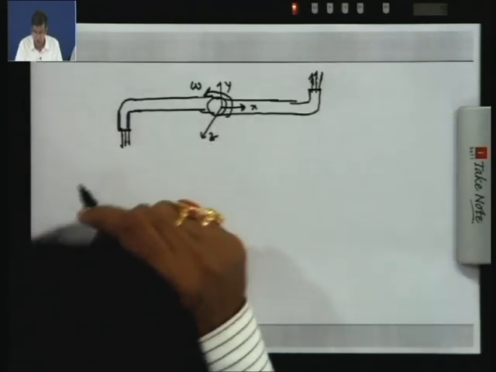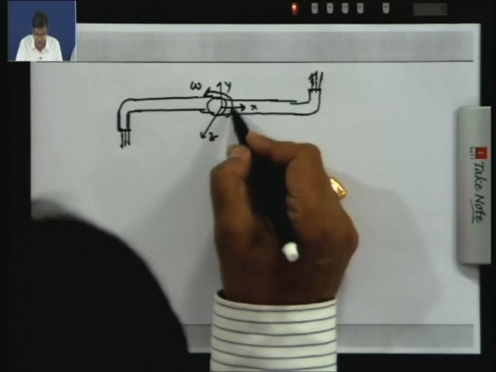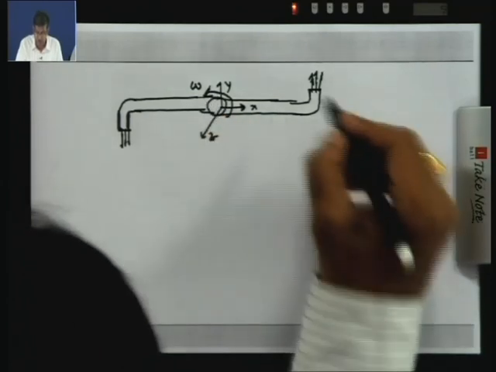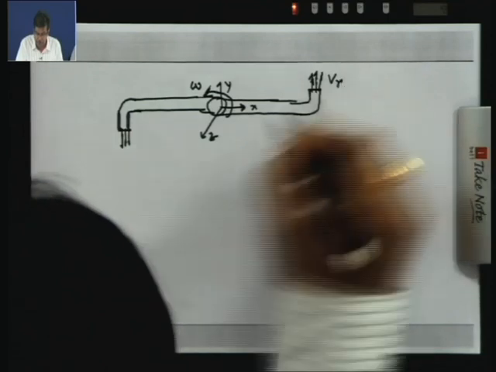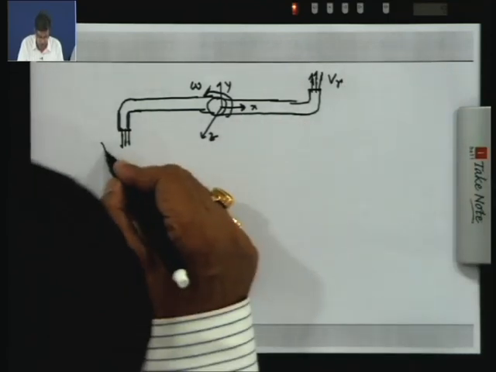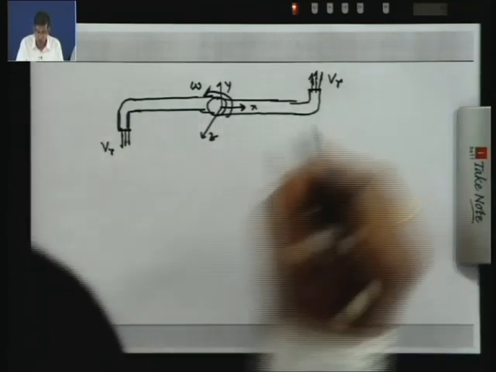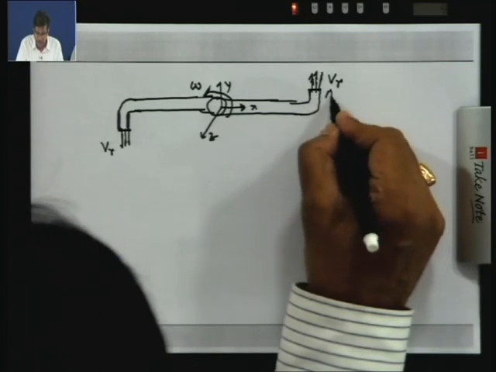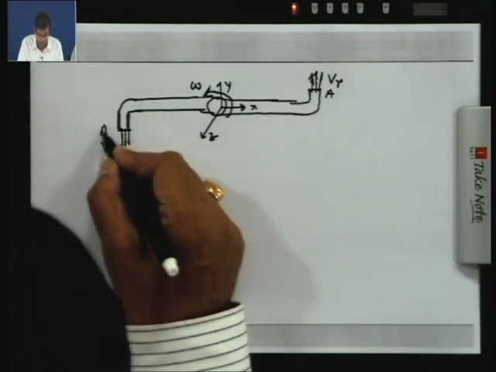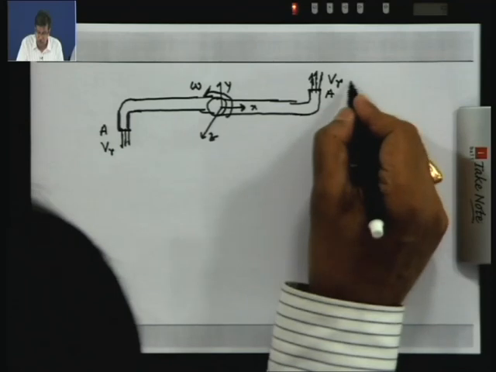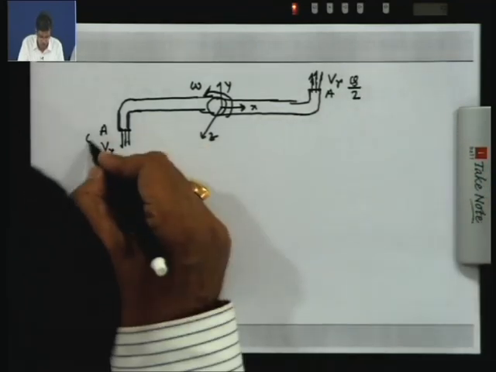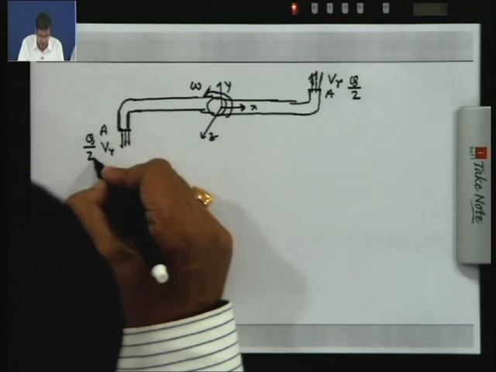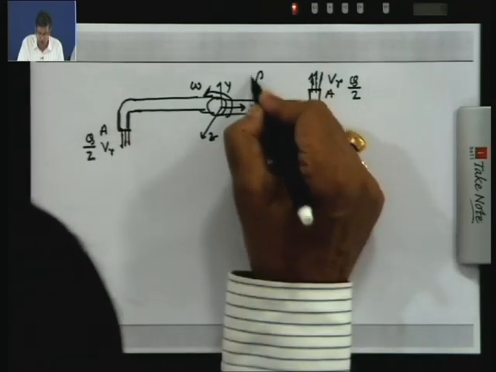Now the problem is posed like that. This is moving with an angular velocity omega, and water is coming out with the relative velocity Vr, purely symmetrical outward, and the area is A on both sides. There is a volumetric flow Q which is divided as Q by 2 on both sides, and we take rho constant.